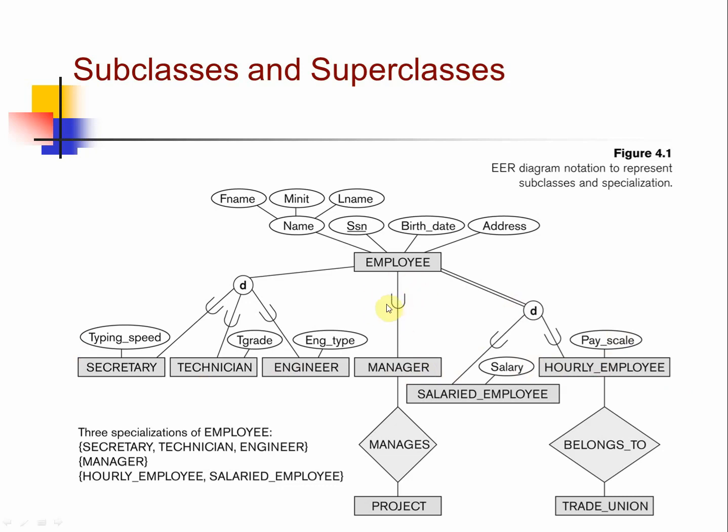Based on the open end of the fork, it indicates where the superclass is. On the bottom of that indicates who the subclasses are. It's the same thing for the secretary, technician, engineer. Also, salary employee and hourly employee. They all open up to the employee entity, indicating employee is the superclass, and all the rest of those are subclasses.